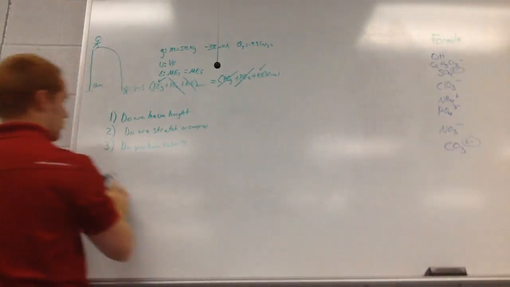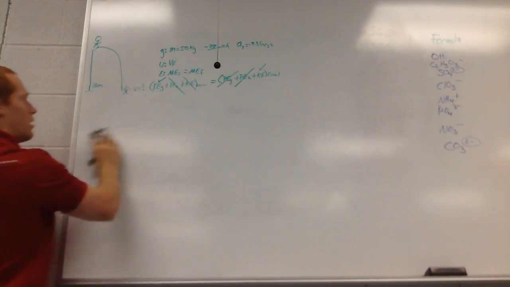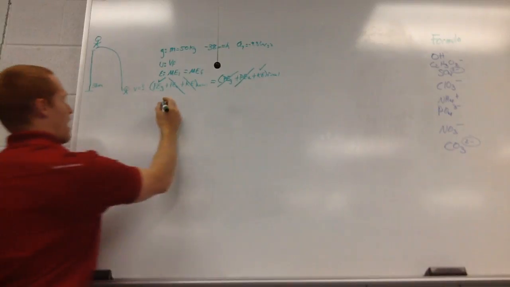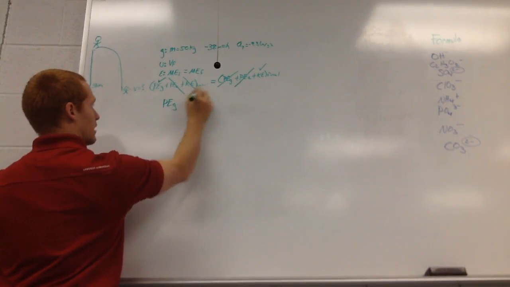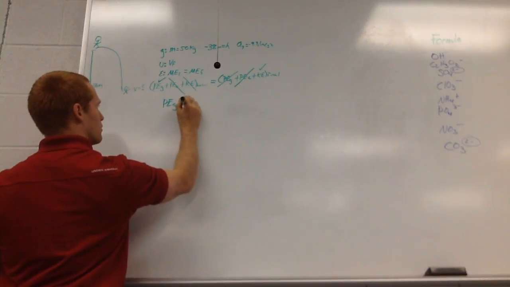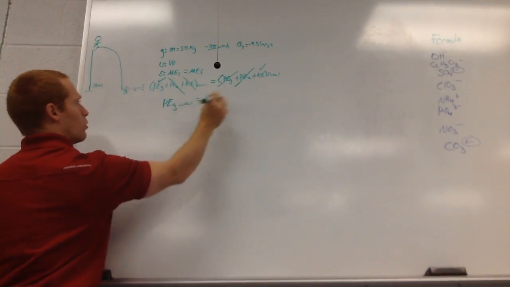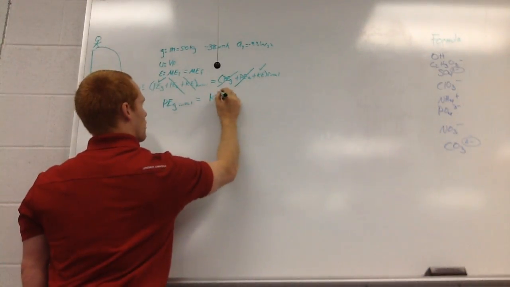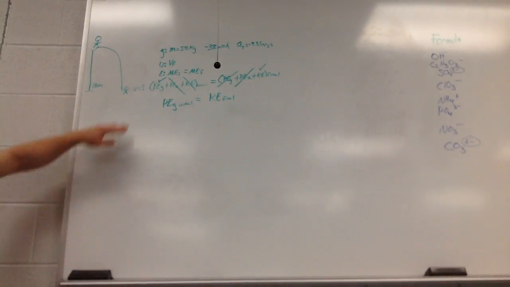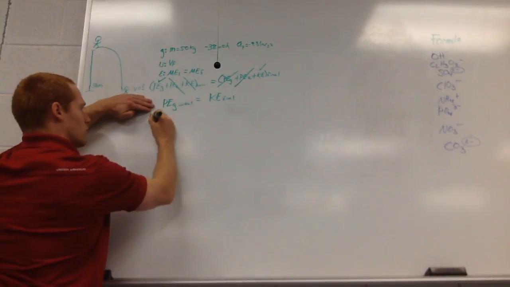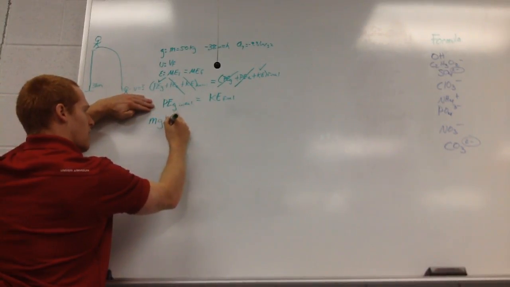Now that we used these 3 questions, I'm going to erase them so I can expand this. So what we're going to have is potential energy of gravity initially, so this would be initial, is going to equal our kinetic energy final. And so I'm going to expand because potential energy of gravity is equal to mass times gravity times height.